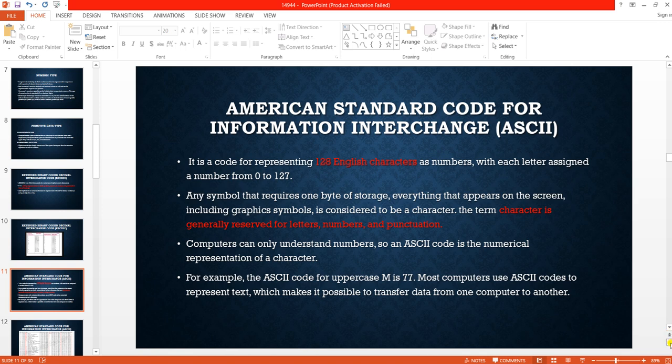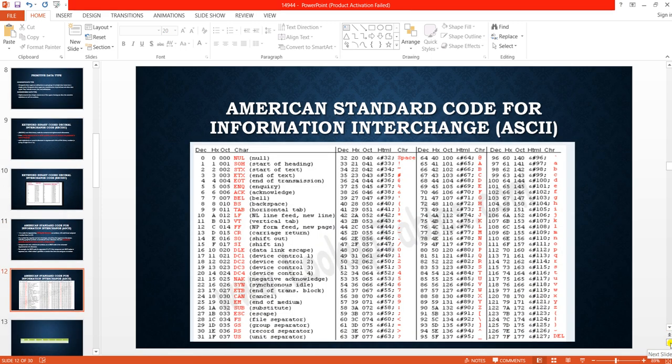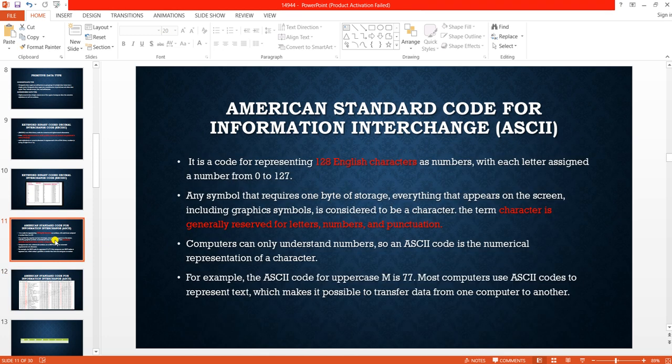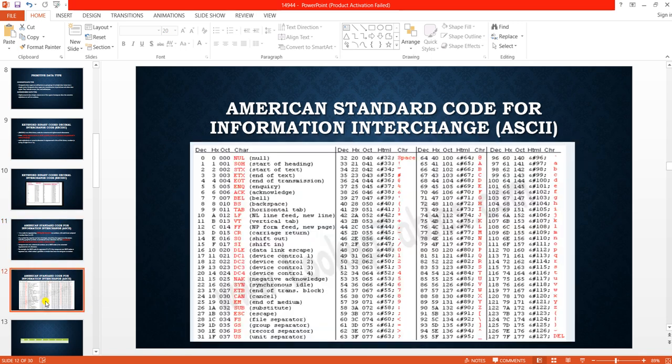If you check slide 12, from 0 up until 127, each letter is being assigned a number.